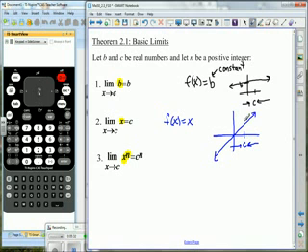Keep in mind that we're always considering what's happening to the outputs, the output values. And so the output values are approaching this point over here, and if these are the output values, then this would be f of c, and since f of c in the function f of x equals x is just the value c.